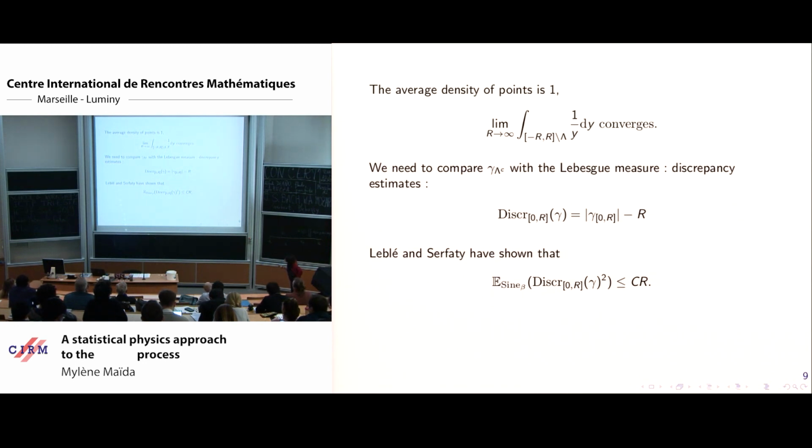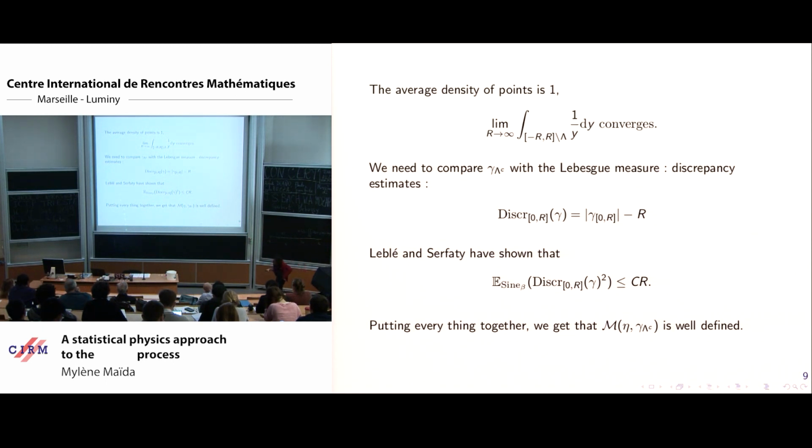And they got that under sine beta, the variance of a discrepancy behaves like the volume, and this is enough to get a good control on the convergence, and to show that the move functions, once you put the reference measure, is well defined.